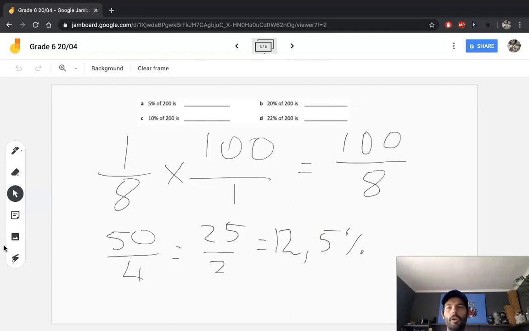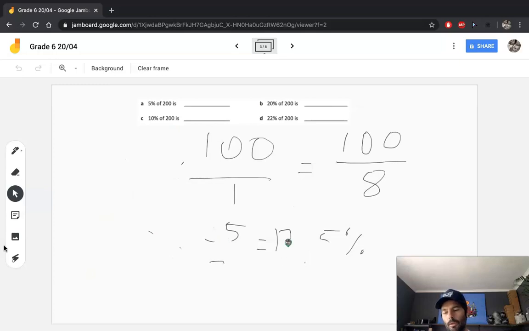So if you get a fraction where you can't convert the denominator to 100, then simply multiply by 100 over 1 and follow the same process as you would when multiplying fractions. Okay, so there are two options there for you to think about.